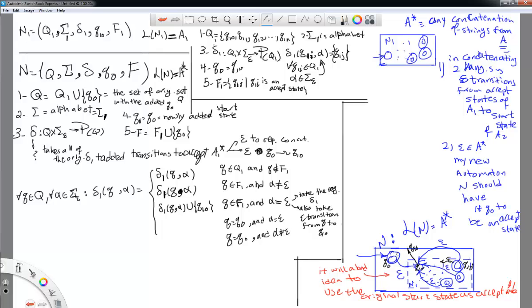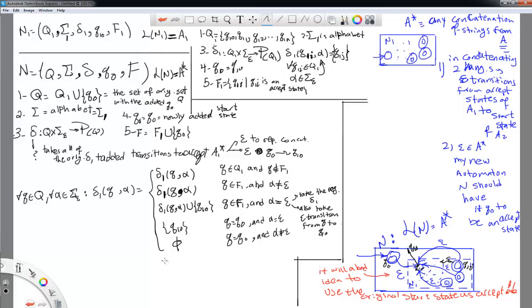If you think about it, you don't want to go anywhere from the newly added q sub 0 except by an epsilon transition. So if you were in q sub 0 and processing epsilon, you go to q sub 1,0. And if you were in q sub 0 and processing non-epsilon symbols, then you go to the empty set. Basically, your newly added start state is going to have only one transition, and that transition is going to be an epsilon transition.